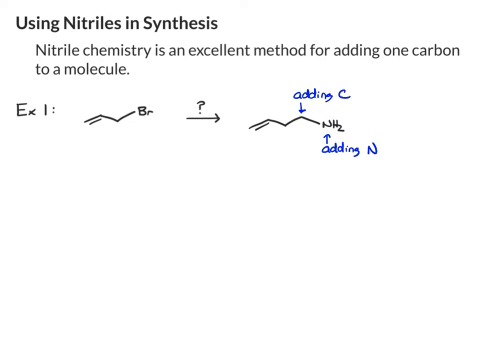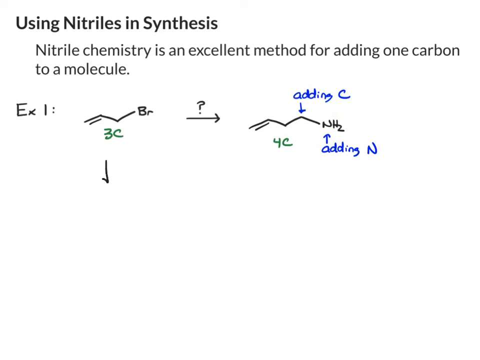So we're adding one carbon to the chain. We're going from 3 carbons to 4 carbons. So nitrile chemistry is likely a good way to do this, and specifically, since we also need a nitrogen, that also leads us to believe a CN is a good way to do that.